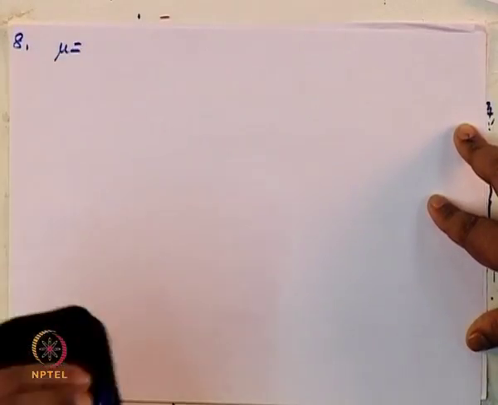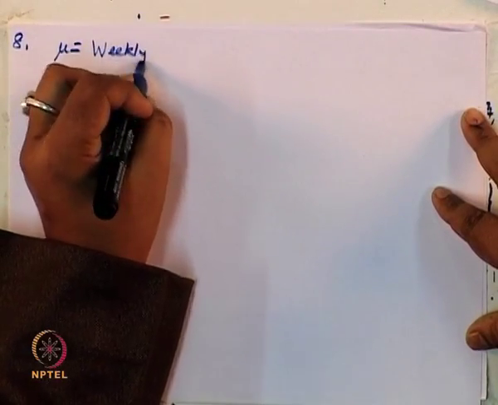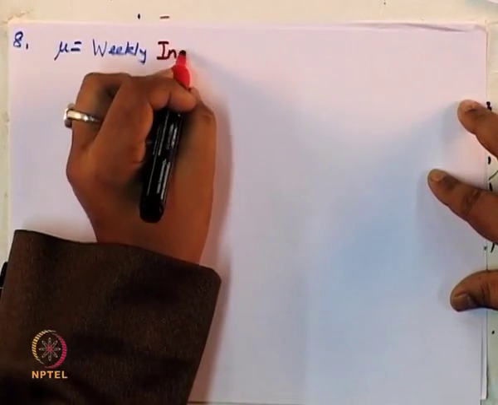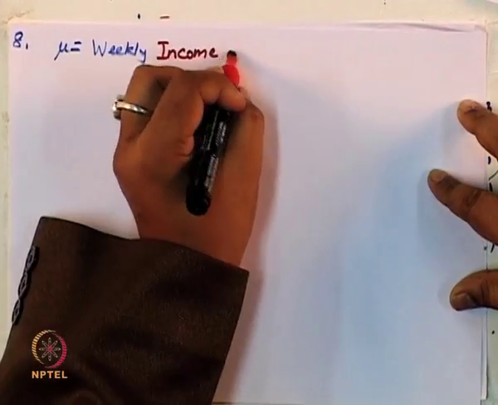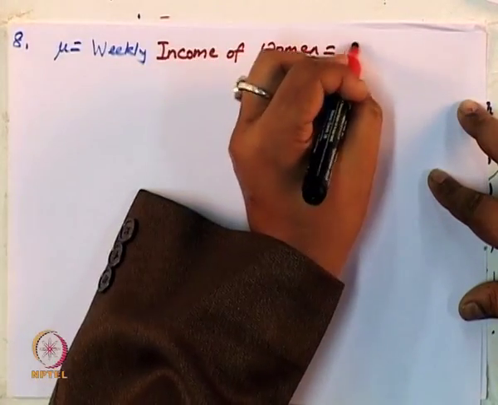So, what you have been given is mu, the average weekly income of women, equal to $670.